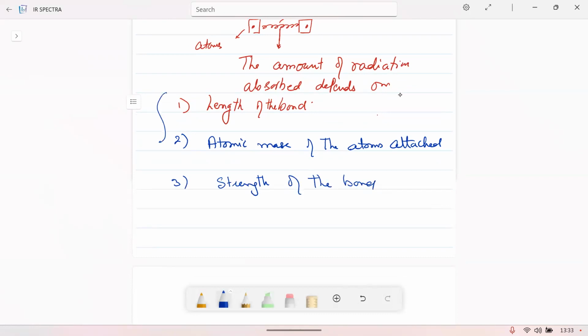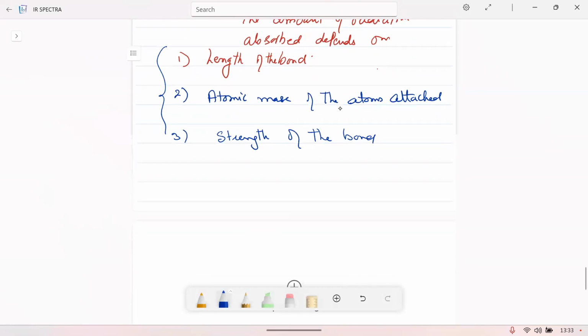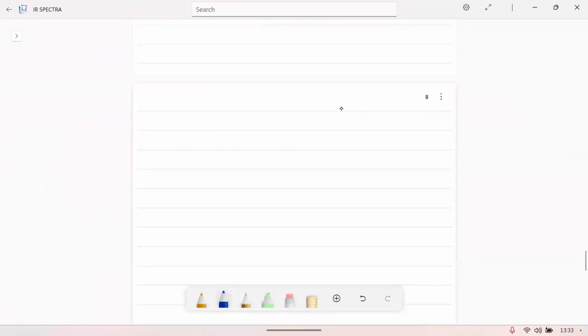Now, how are these helpful for us? For example, if you have a carbon-hydrogen bond, a carbon-Cl bond, a carbon-oxygen bond, each of them will absorb a different amount of energy.